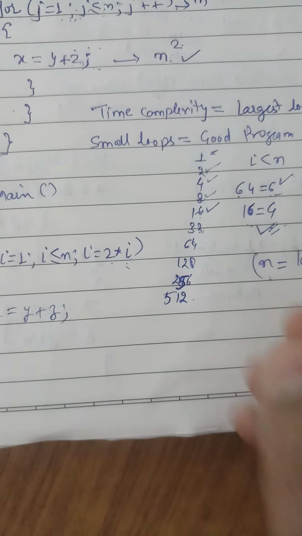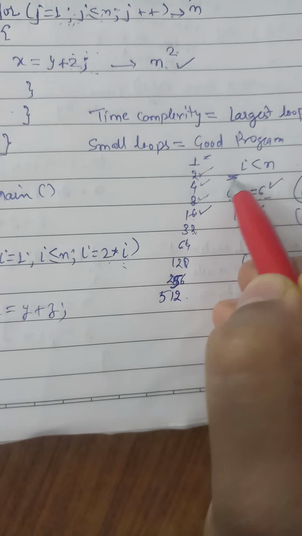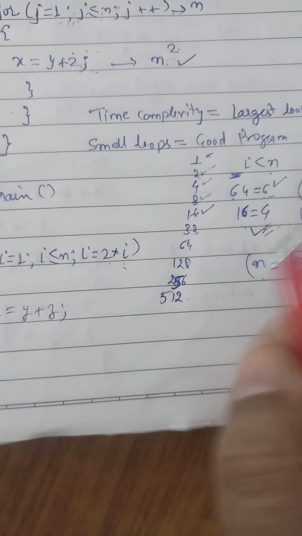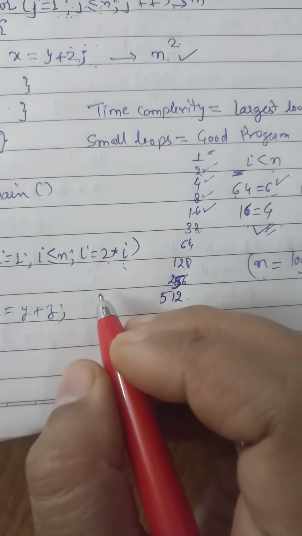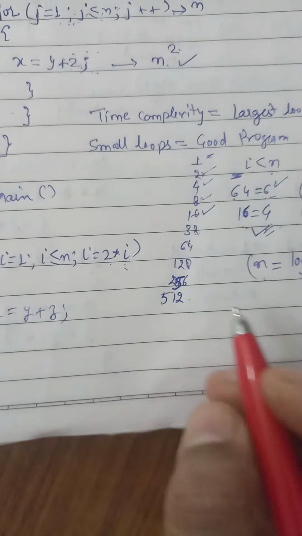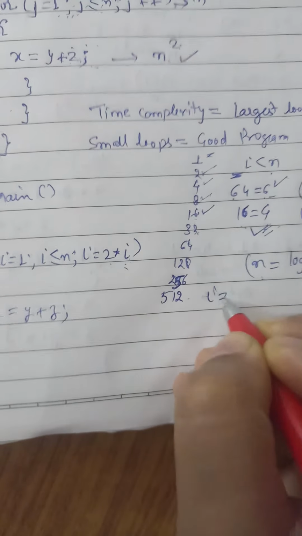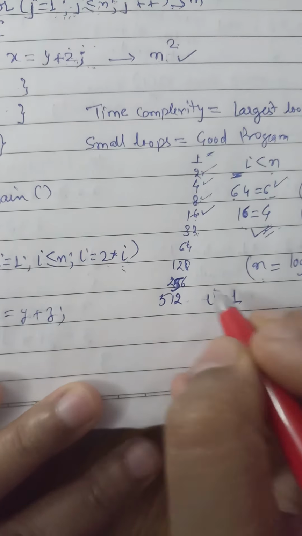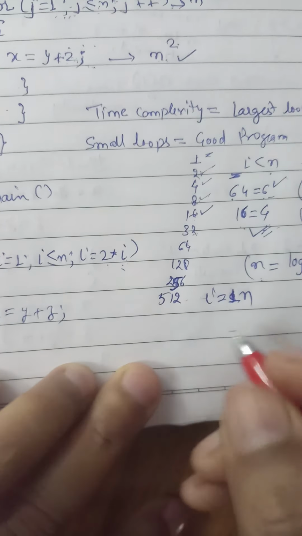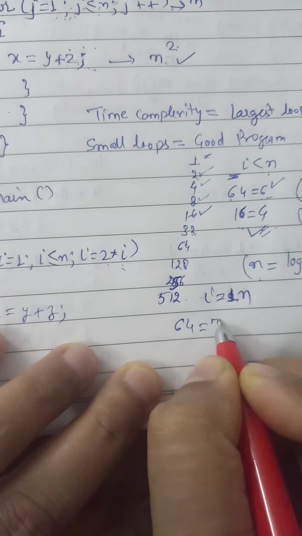This is for I less than n. But if we talk about I equal to n, then for 64 it will be equal to 7.